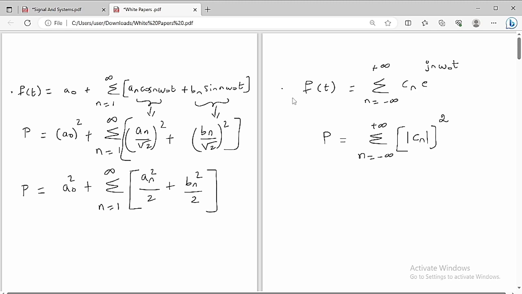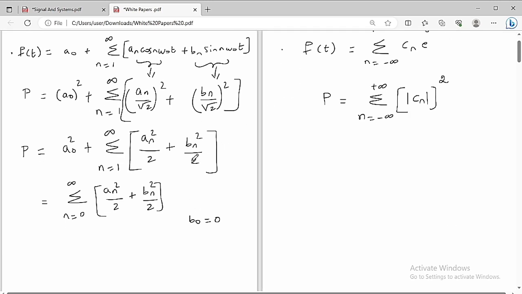If it is a simplification, I can write it like this also: n equals 0 to infinity of an square by 2 plus bn square by 2, as I already told you. Basically, I already told you b0 is equal to 0. If you substitute n equals 0, you are going to get a0 square by 2 plus b0 square by 2, and this value is equal to 0.